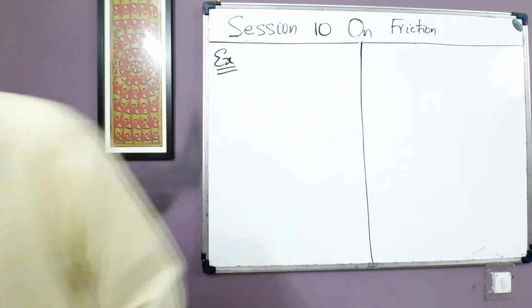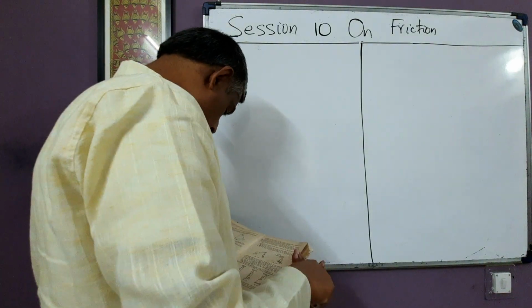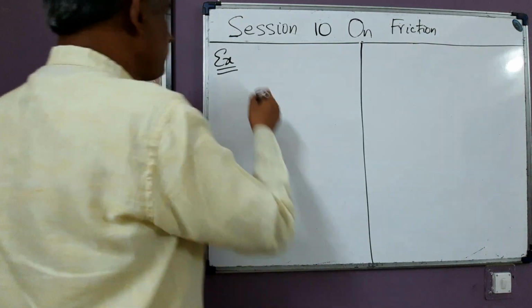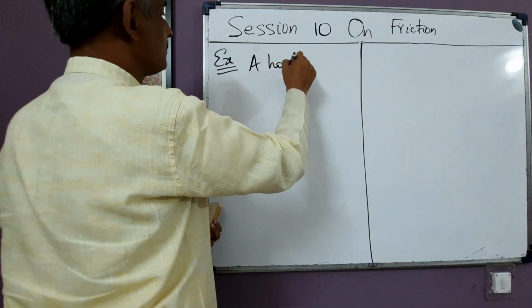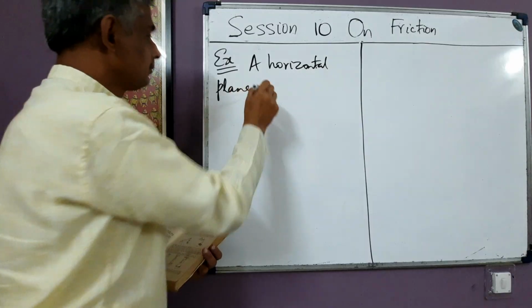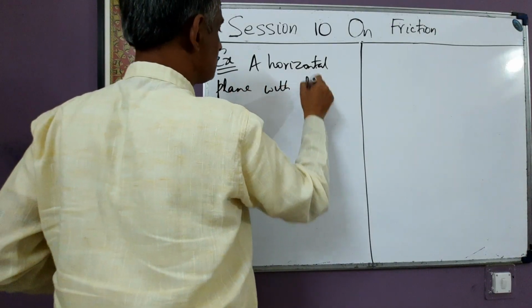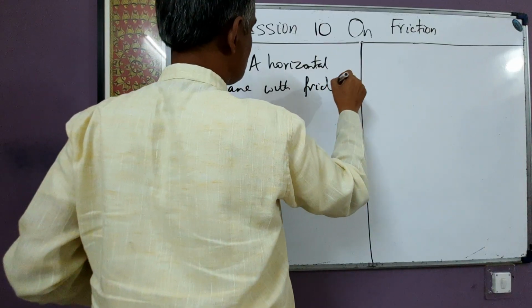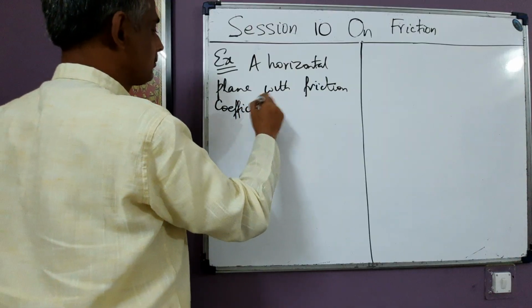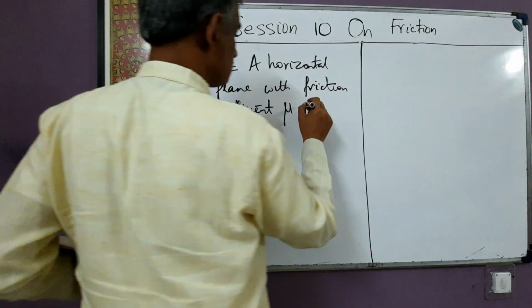The question is this. A horizontal plane with friction coefficient mu supports two bodies.